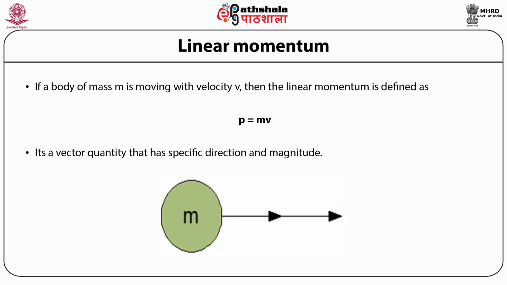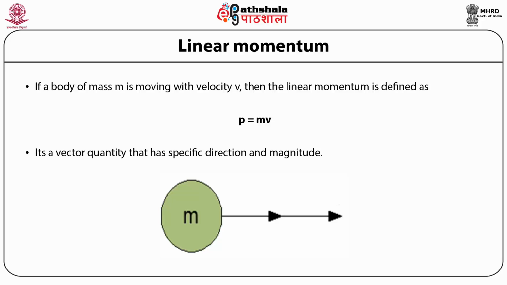So here in this picture you have the body of mass m moving with velocity v. This velocity vector has a certain magnitude, which is represented by the length of this arrow, and the linear momentum also is a vector quantity which also has a magnitude and direction.